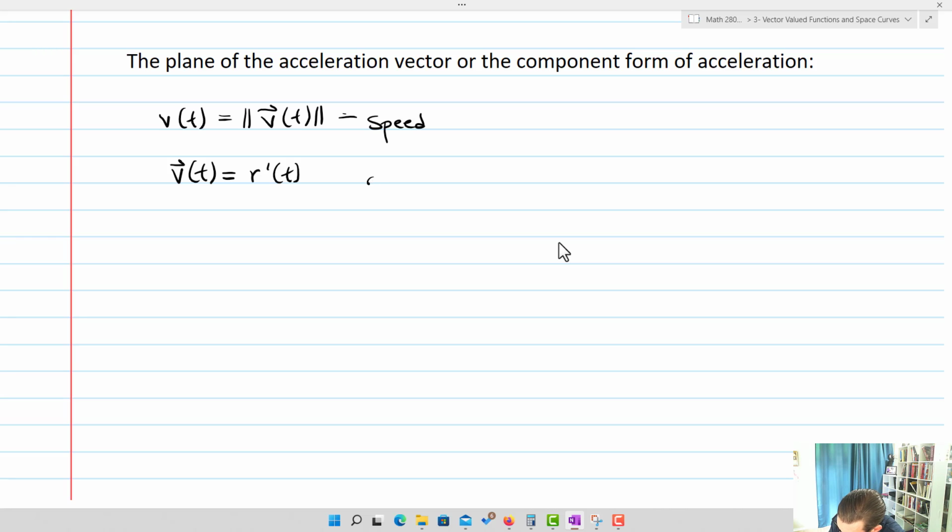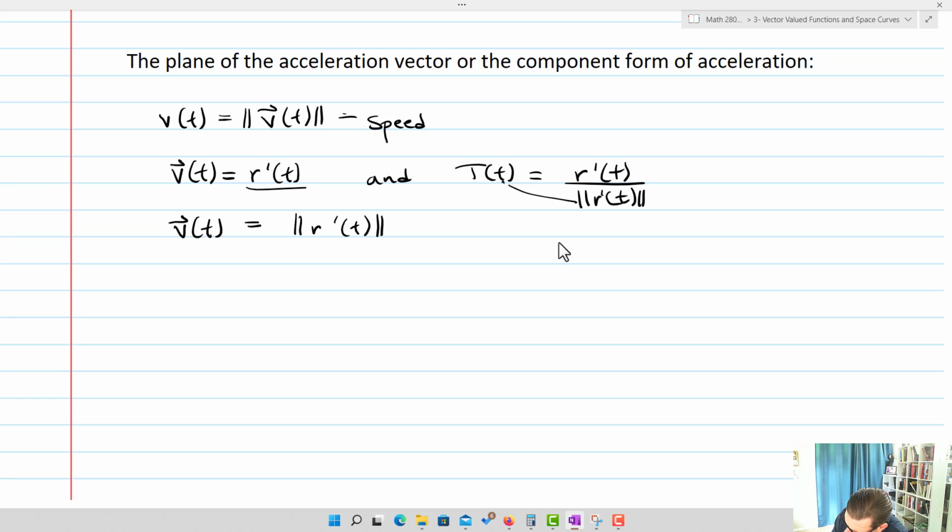We also know that the tangent vector T(t) is r'(t) divided by the magnitude of r'(t). So if I rewrite this, v(t), which is r'(t), equals the magnitude of r'(t) times T(t). Remember that the magnitude of r'(t) is just v(t), our speed, times the tangent vector.